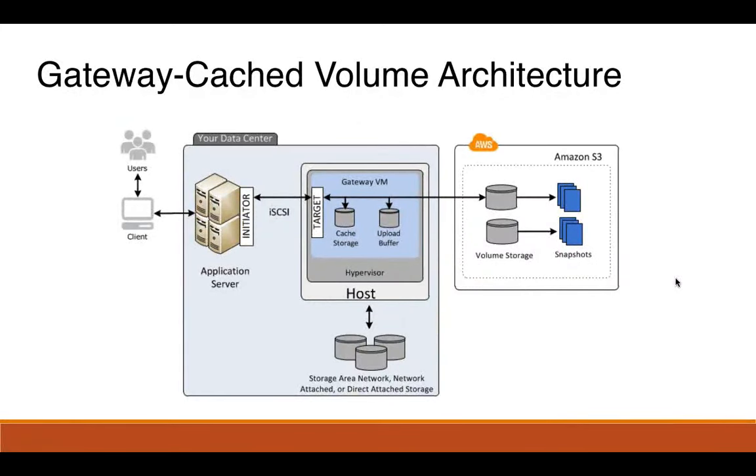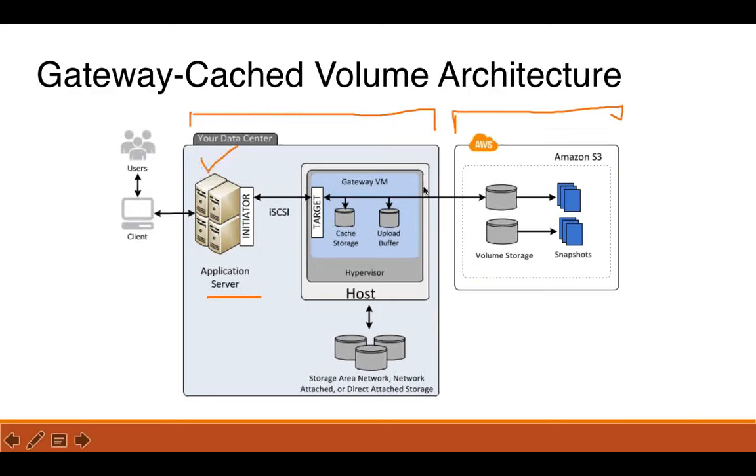Now the first category is the gateway cached volume architecture. Over here, I'll try to make this diagram and concept simpler. This is your entire data center, and this is the AWS cloud. This is your application server.